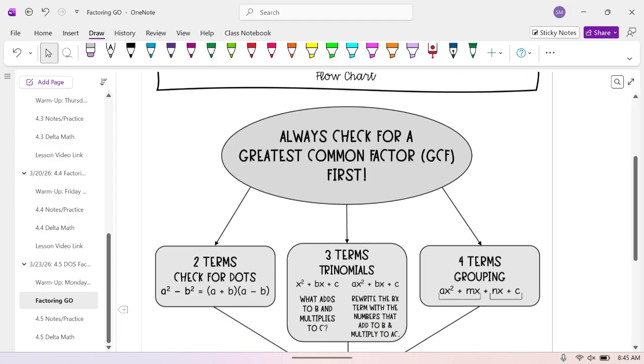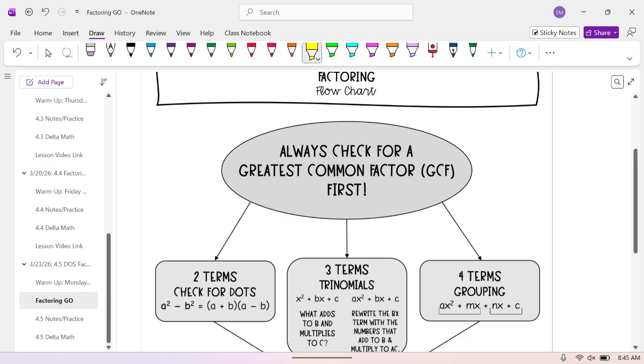First things first, whenever you factor anything, what's the first thing you always check for? GCF. You always check for a GCF first. You may have one, you may not, but if you have one, you better factor that out first. Because I can guarantee you it'll make your factoring 20 times easier, whether it's a trinomial, binomial, or a 4-term polynomial.